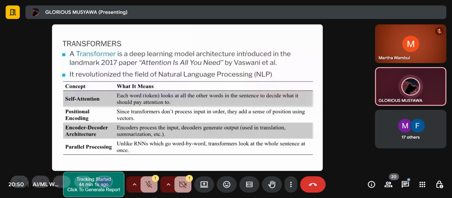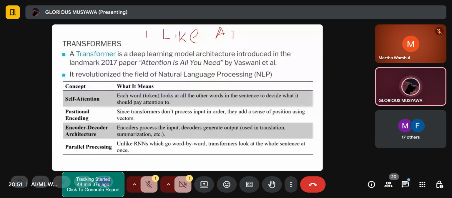So we have several concepts that define transformers. For example, self-attention: each word or token looks at all other words in a sentence to decide what it should pay attention to. Let's say a simple sentence, "I like AI."